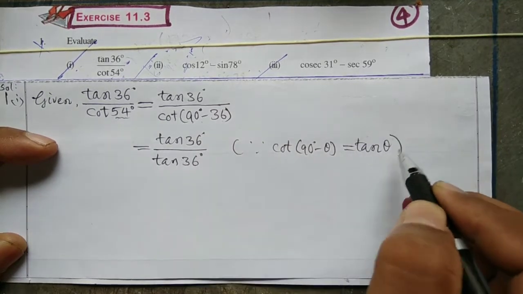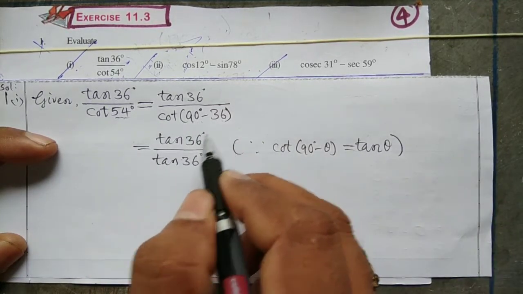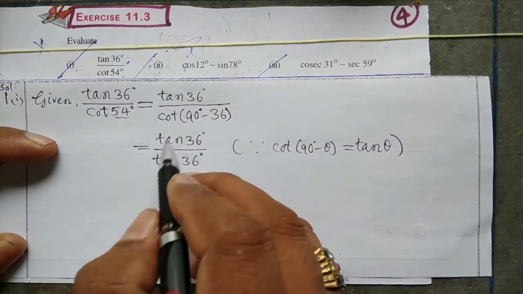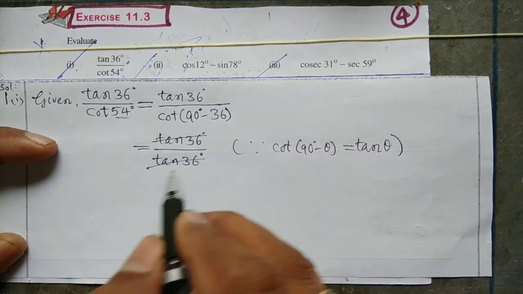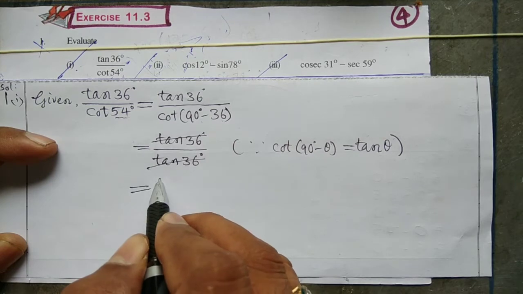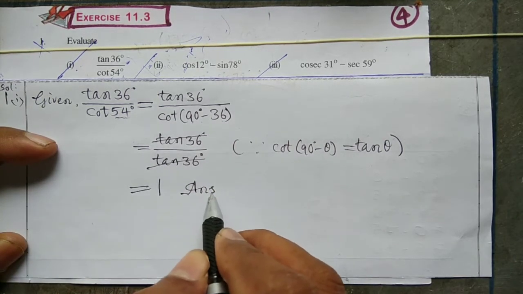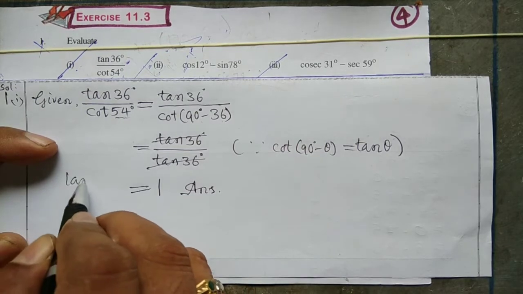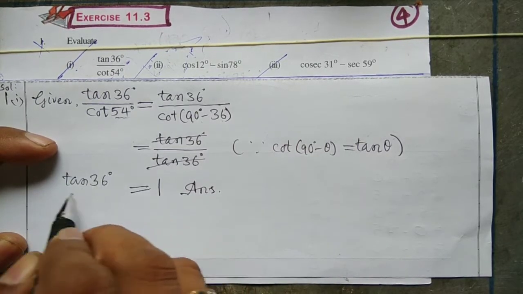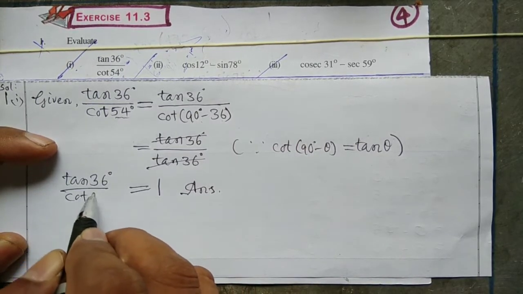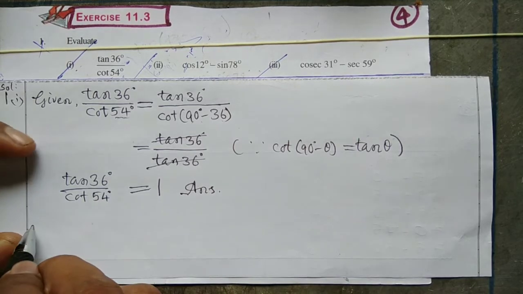This is the formula. So cot 90 minus 36 is equal to tan 36. So tan 36 and tan 36 get cancelled. So 1. This is the answer for tan 36 degree by cot 54 degree.